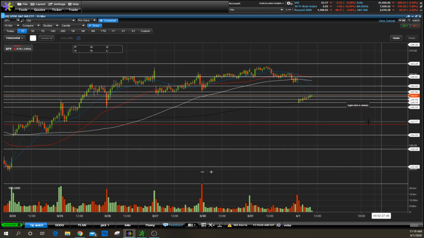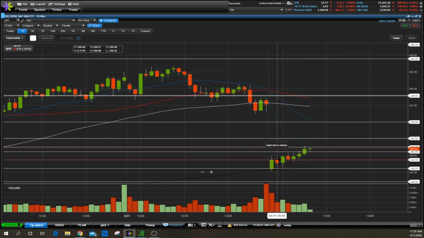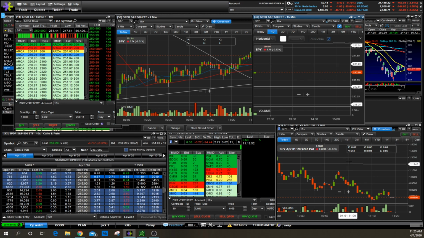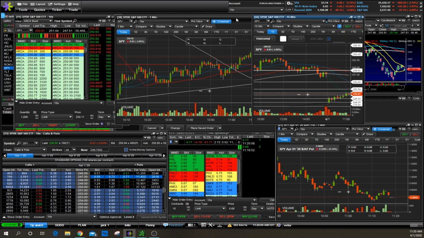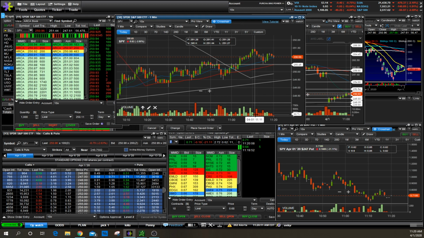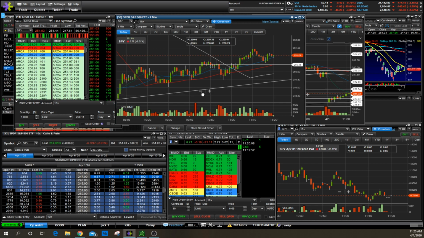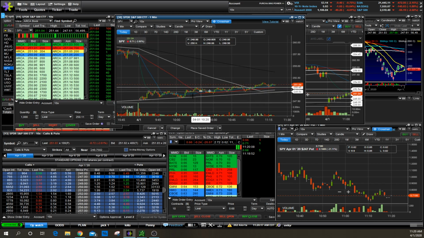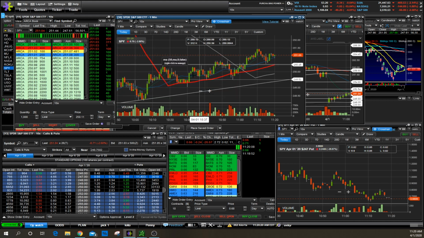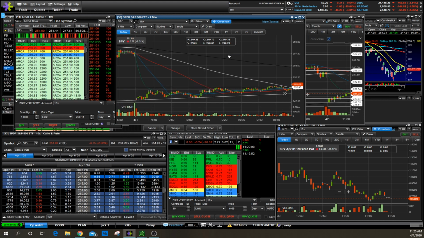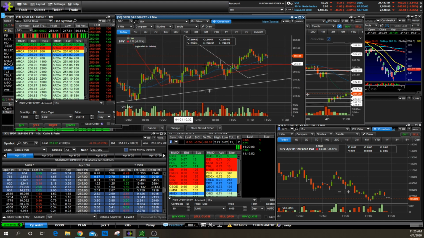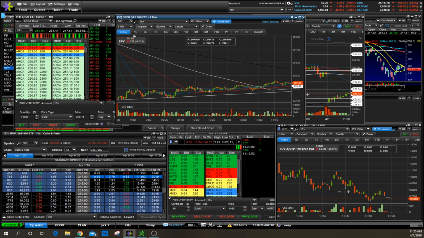On the 15-minute candle, even though it's above it, these calls are not going up as I would like to see them today.